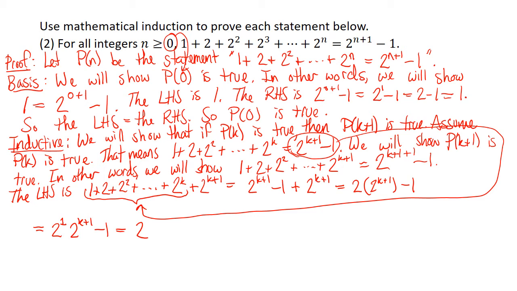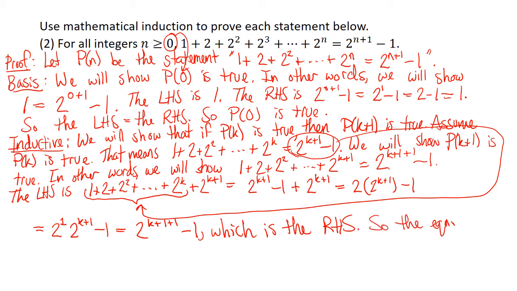So this is going to be 2 to the k plus 2 minus 1. Oh, that's exactly the right-hand side. So that is the right-hand side of the equation that we were trying to prove. So the equation is true, and P of k plus 1 is true. And that's it.